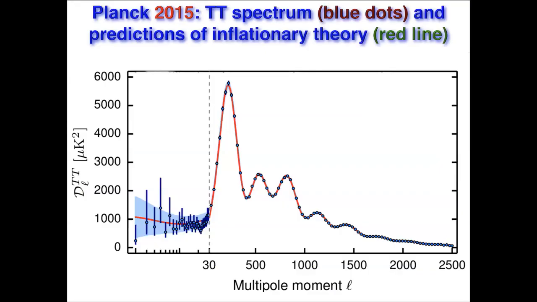And they study the spectrum of these perturbations, which means whether there are large perturbations at small scale or small perturbations at small scale. And they found that they have some peaks there. These are not peaks of perturbation of the scalar field, which disappeared since that time, but they are peaks in the distribution of temperature.